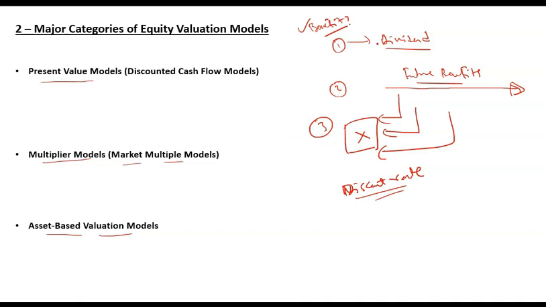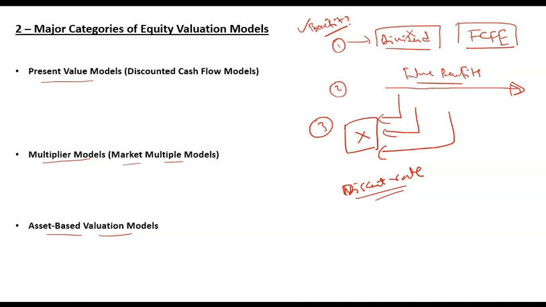Now in some cases this may be dividend. If you are using dividend, this will be known as the dividend discount model. If instead of dividend you are using free cash flow to firm, then it will be known as the FCFF model. If you are using free cash flow to equity, then it will be known as the free cash flow to equity model. Or if you are using any other, maybe residual income, then it will be known as the residual income model.